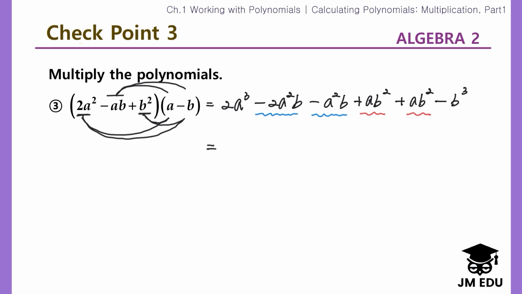We only have one a cubed term, 2a cubed, minus 2a squared b minus 1a squared b, that's minus 3a squared b, plus ab squared, one of them each. If we add those two, 2ab squared, and we have minus b cubed.